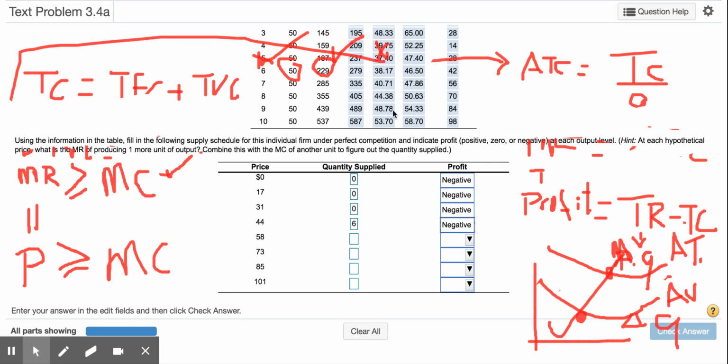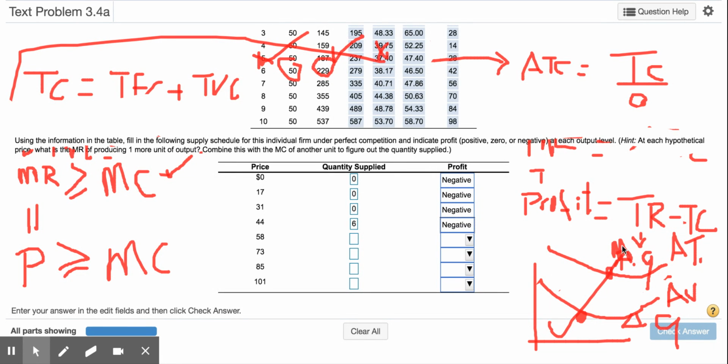The price is 58. So we are right here. We should produce 7 units. But notice that the price is above both the average variable cost and the average total cost.